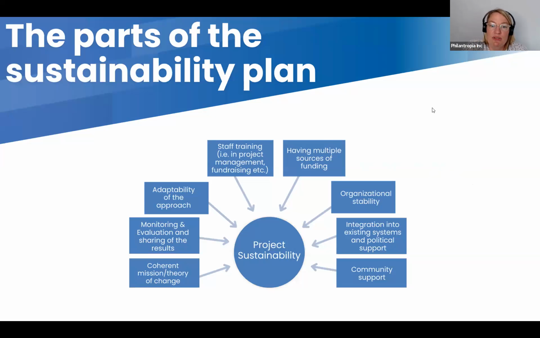Then having multiple sources of funding is always a good thing as well, because if you have just one donor and you lose that donor, then you fall into a hole and you have a big problem. If you have multiple sources of funding, that gives you a much more stable base. That is something we talk about when we talk about developing a fundraising strategy.